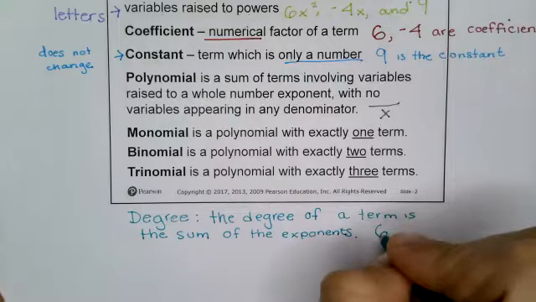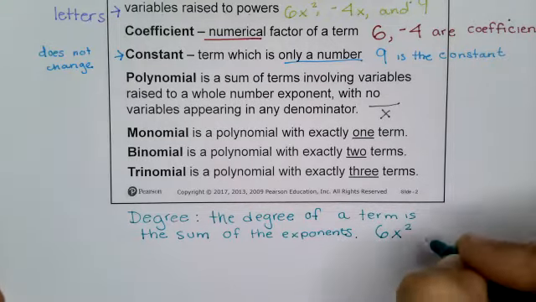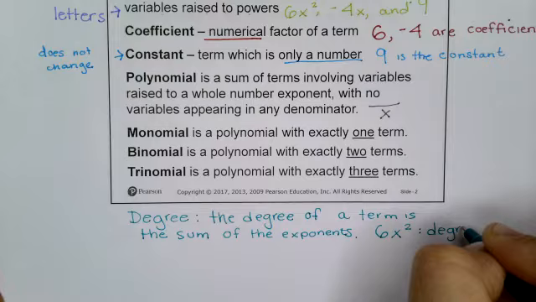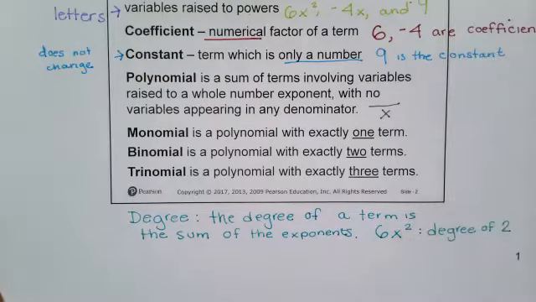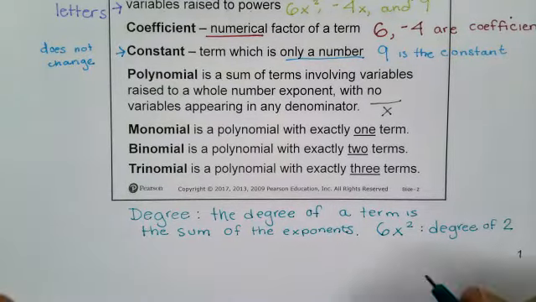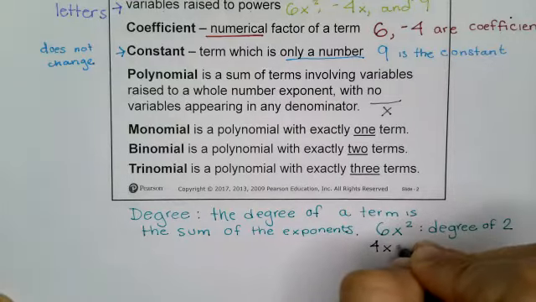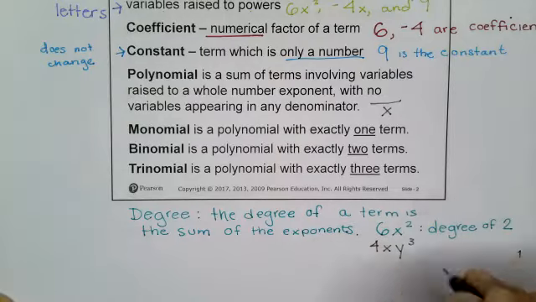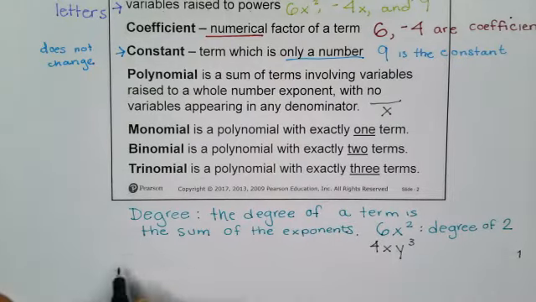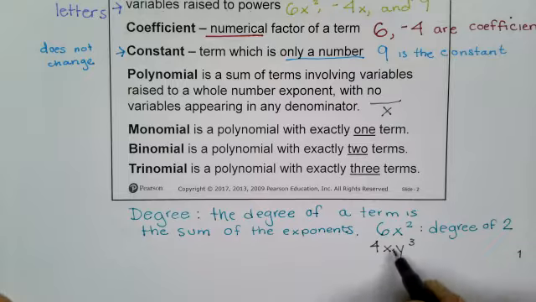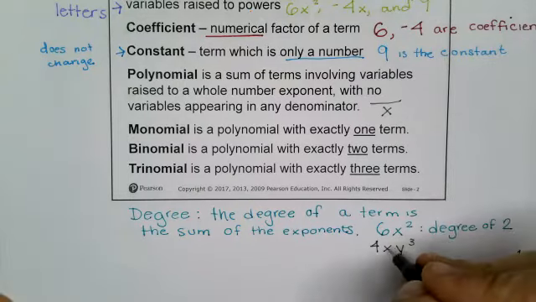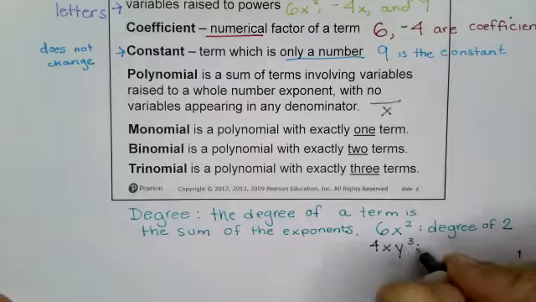So 6x squared has a degree of 2. But if you had 4xy to the third, you're adding up all of the exponents. X is not raised to nothing, right? It's not raised to 0, or else it would be a 1. It's actually raised to 1. So x to the power of 1 times y to the power of 3, you are adding the exponents and we get a degree of 4.